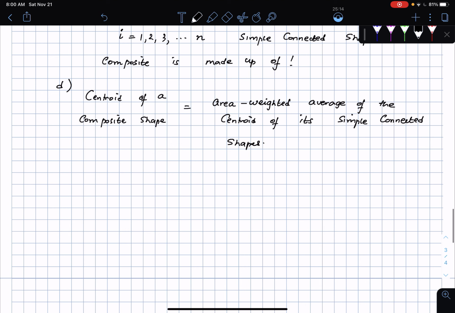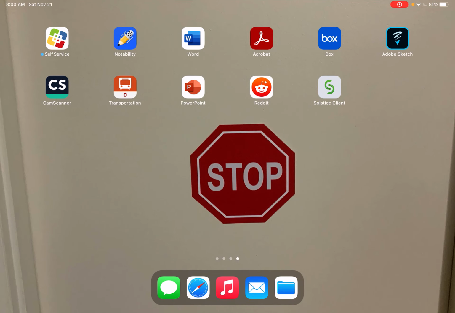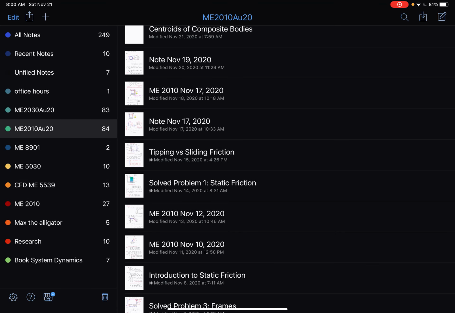So for example, if you have n number of simple connected shapes... I'm sorry, that was not meant to be the case.